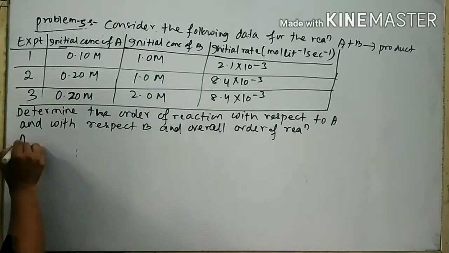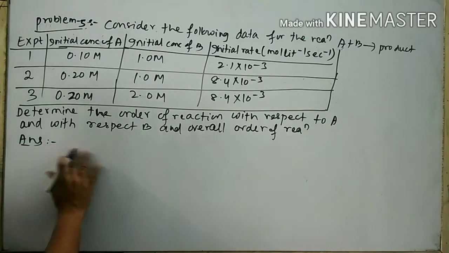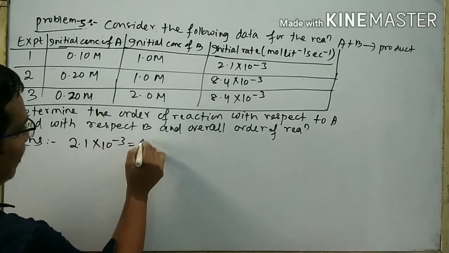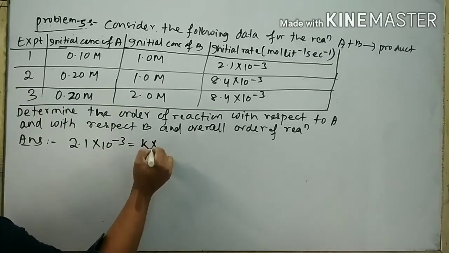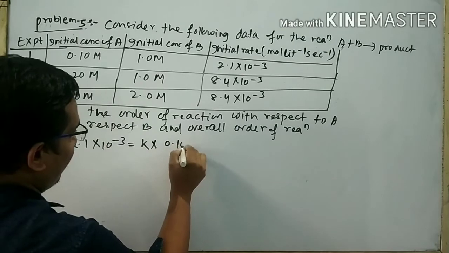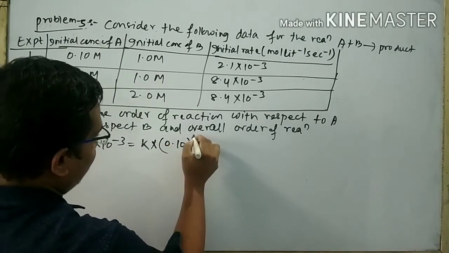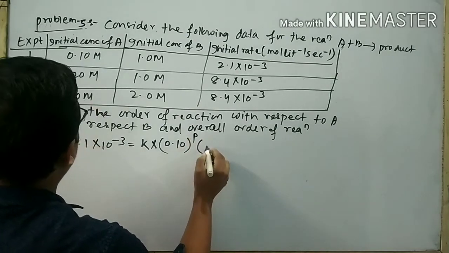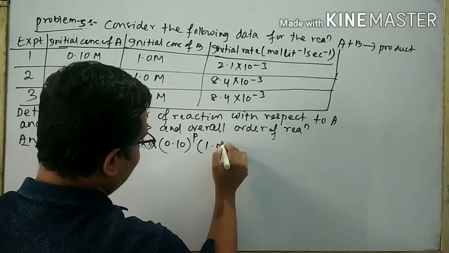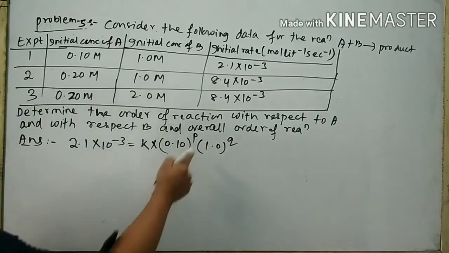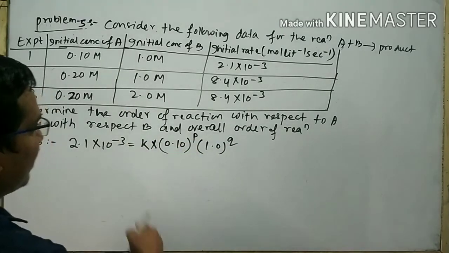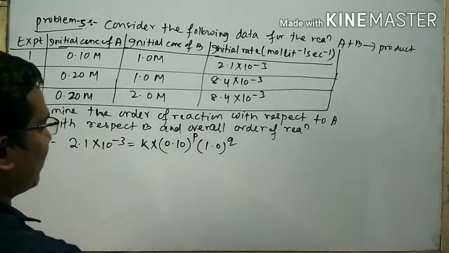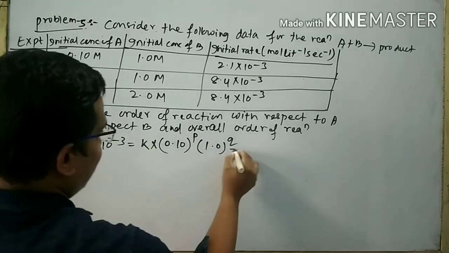According to the table, I can write 2.1 into 10 to the minus 3 equal to K into 0.10 to the power P into 1.0 to the power Q. Here P belongs to the order of reaction with respect to A and Q belongs to the order of reaction with respect to B. Suppose this is your equation 1.